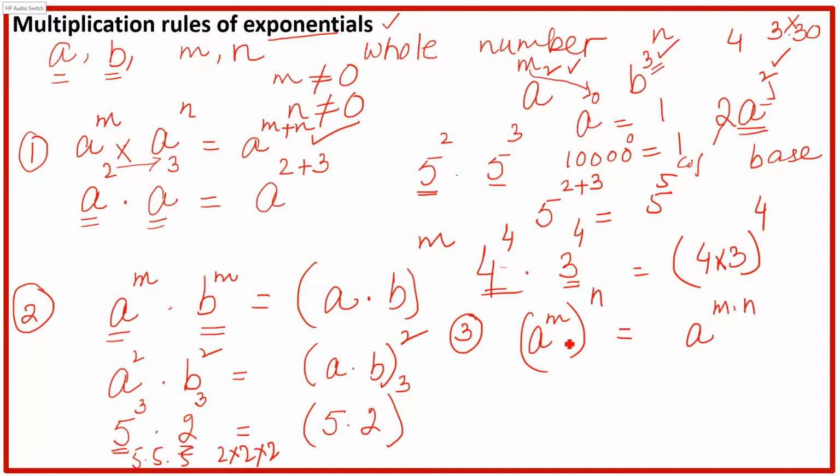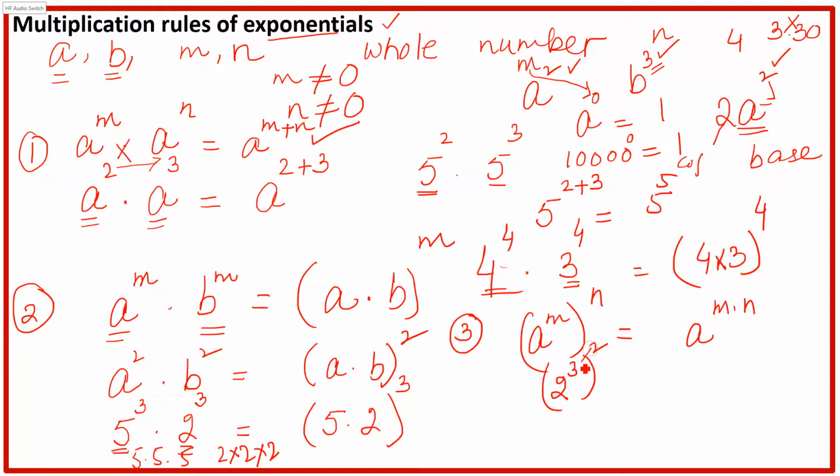But this is the third rule. a, m and n are the powers I said. If I say here 2 raised to power 3, and then this whole to the power 2, now you see one exponent and then a whole exponent.